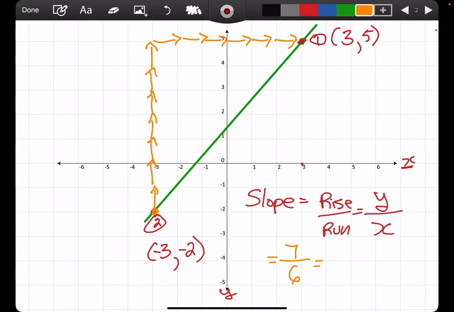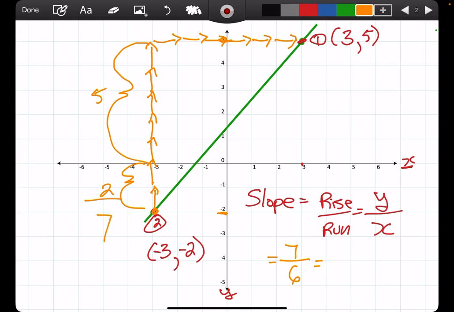Now that's easy enough to look at for sure. But if you're taking a closer look at it, you can see that this part of the graph went down -2 there, so it went 2 spaces. And this part of the graph went up 5 spaces because it was at the number 5 on the y-axis. So we can add those 2 together and get 7. And the same would be true on the x-axis.